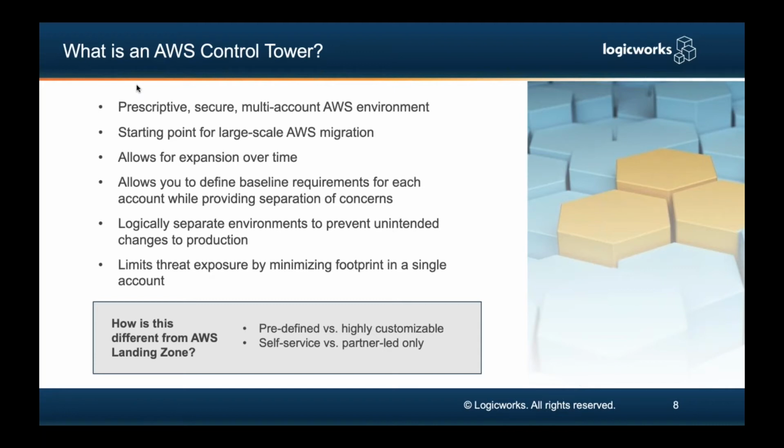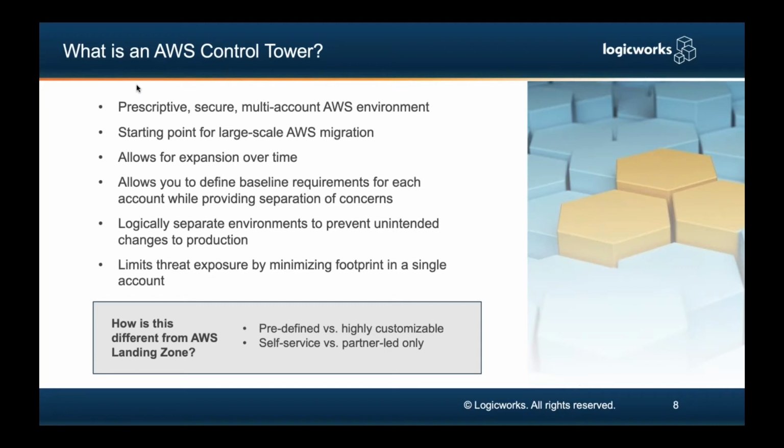So how does Control Tower differ from Landing Zone? Well, Landing Zone is partner-led only, right? It is very customizable. It's highly customizable with the CloudFormation templates that you can tweak every single piece.